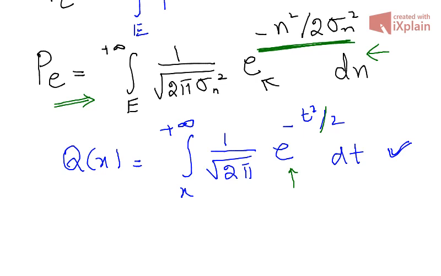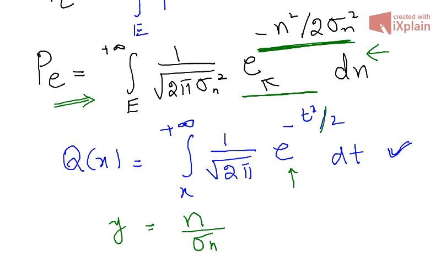To do that, we can choose another variable y, which is equal to n over sigma n. If we choose this variable to be y, then you can see that our exponential term would become y square over 2, right?